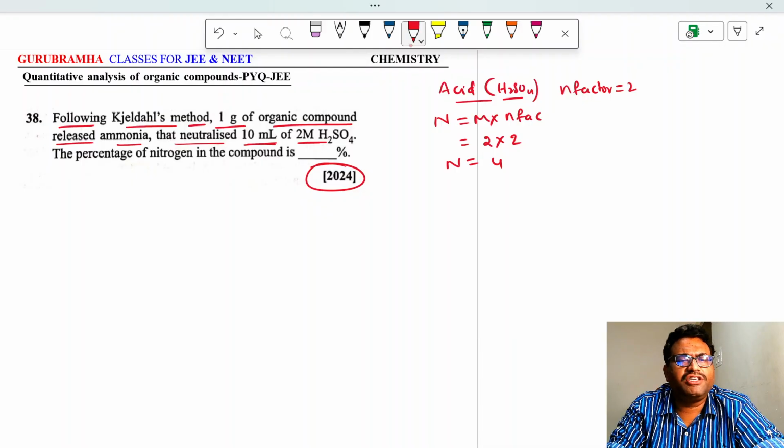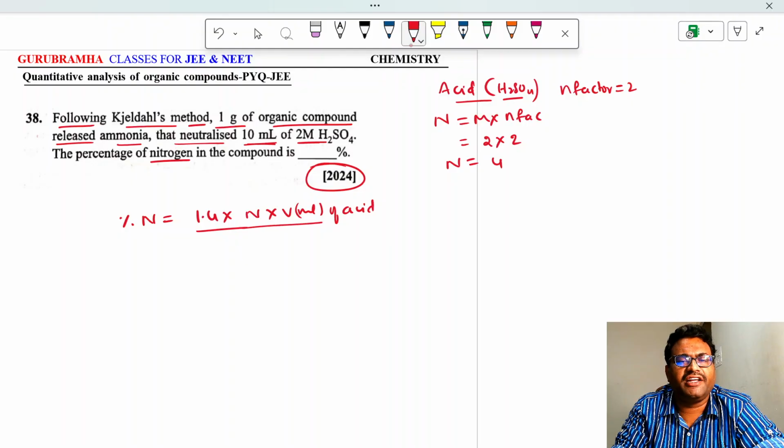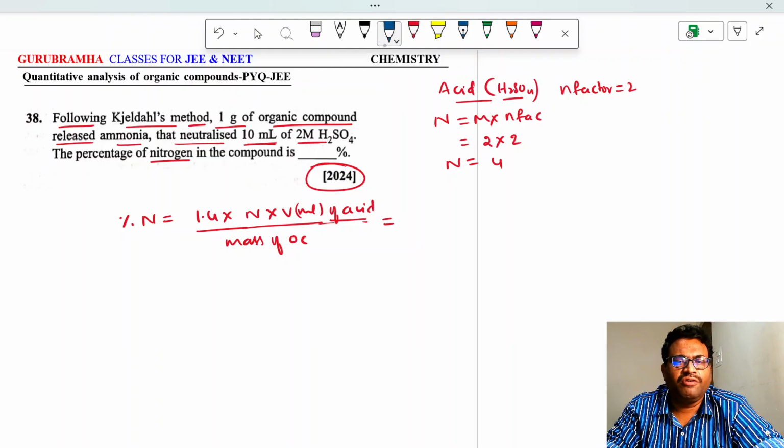And you are asked the percentage of nitrogen. So percentage of nitrogen is equal to 1.4 into normality into volume in ml of acid exactly reacted with the NH3, by mass of organic compound.